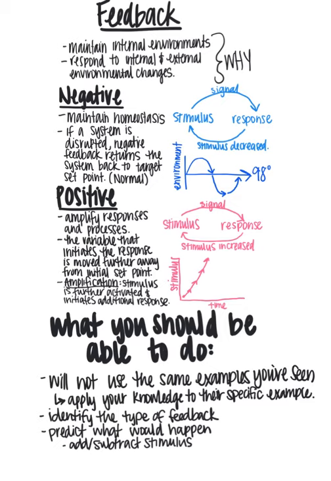The first thing you'll have to be able to do is to identify the type of feedback that's occurring in their example that they give you, if it's negative or if it's positive. You'll also have to probably predict what would happen in different scenarios. So what would happen if you add a certain stimulus, or if you subtract a certain stimulus, or if the environment is moved in one direction or the other.